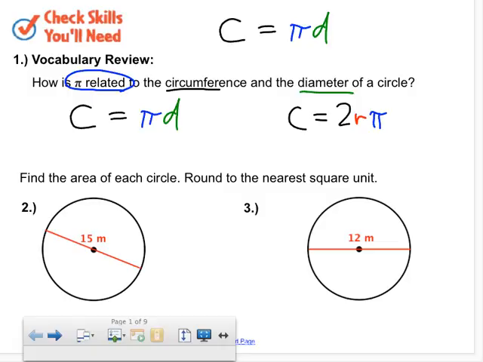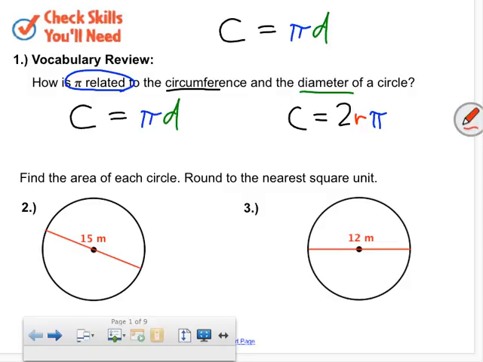No, over here. Look over here. What's with pi? Circumference equals pi times diameter. So what's on the side with pi? Diameter. And what's happening between diameter and pi? Multiply. So what happens if we get pi by itself? What do we have to do? Divide by diameter. So nice.